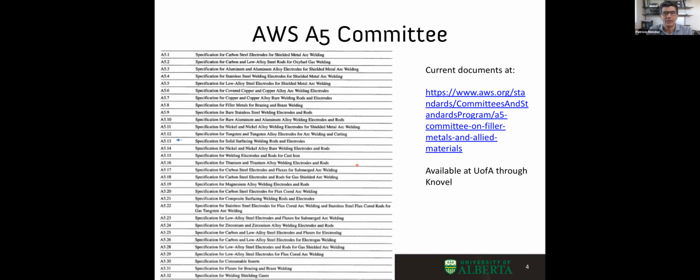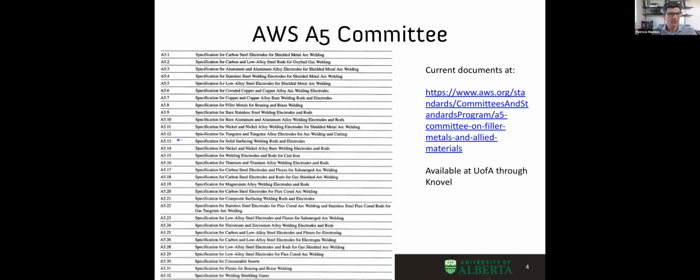Look, the A5 committee of AWS is the one in charge of having standards for the consumables. And as you see in this list, it is huge and it's ongoing, right? It goes up to 5.32. I wouldn't be surprised if it has grown.